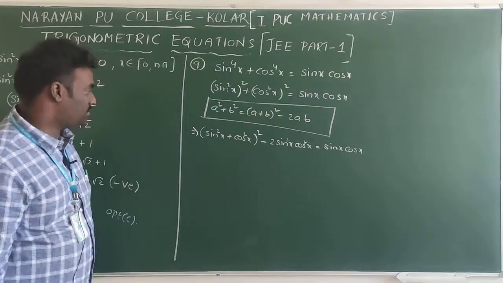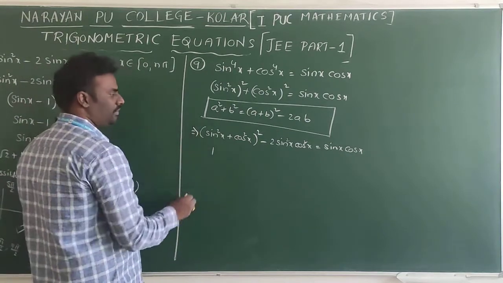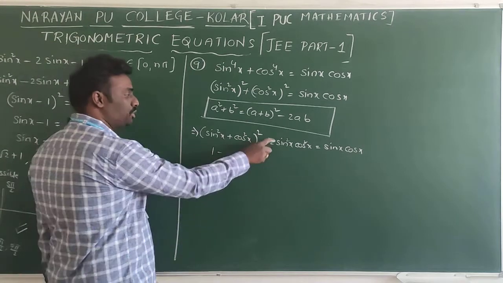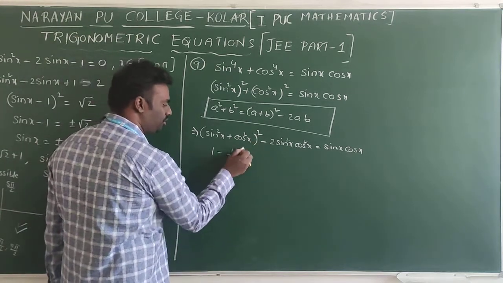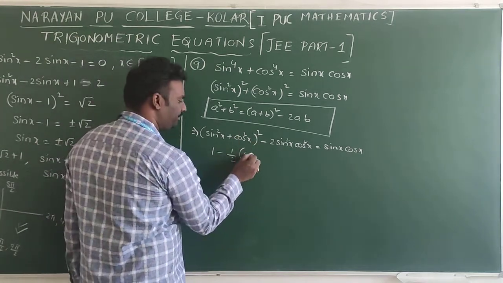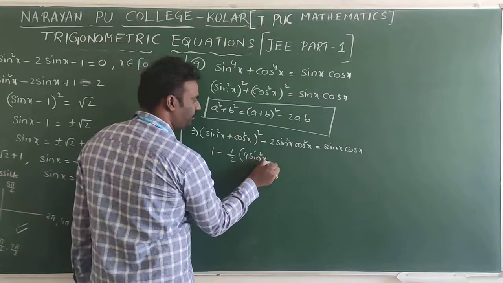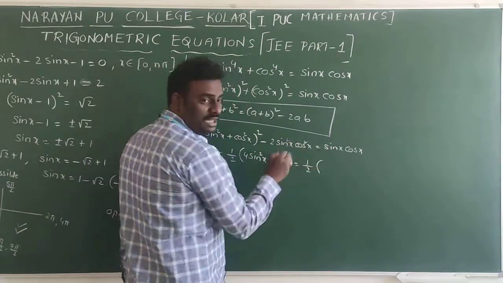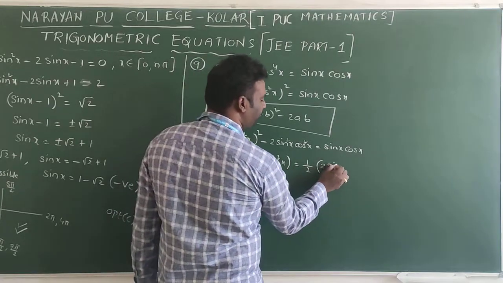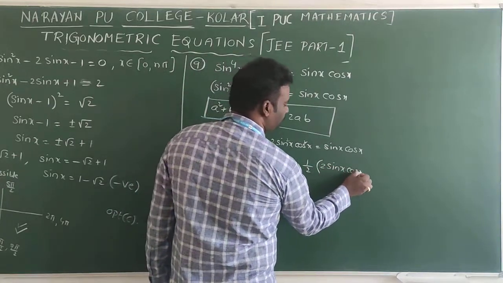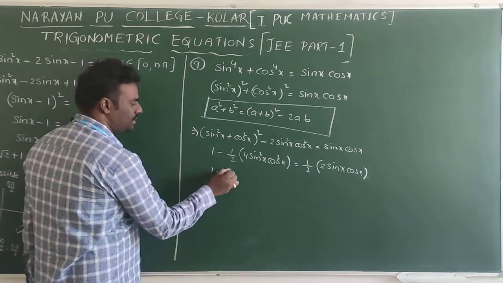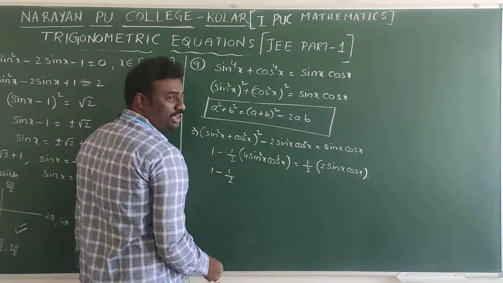So this value is 1. For this, multiply with 4, divide with 4. This 2 can be written as 1 by 2 into 4. For this also, divide with 2, multiply with 2. Now it can be written as 1 minus 1 by 2 into sin 2x whole square.